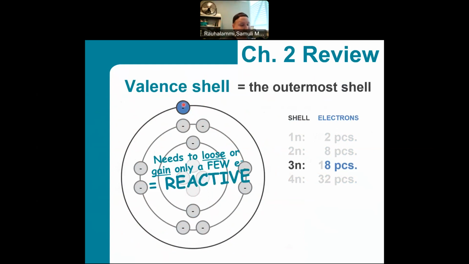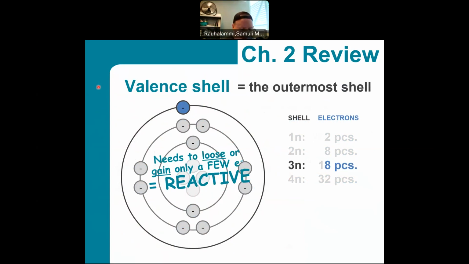And again, it doesn't just have to be one electron, it could be two electrons, but really what you'll see is that some elements are very stable because they're in their happy place of having a full valence shell, a full number of electrons on their valence shell, whereas other atoms, other elements are very reactive because they're so close to reaching that full valence shell. So they're actively searching for ways to accomplish that.